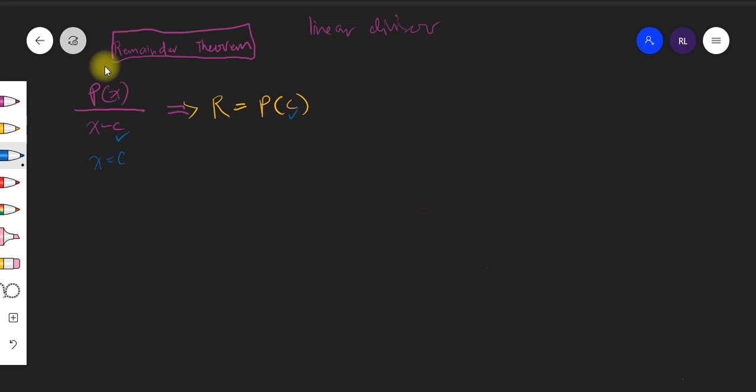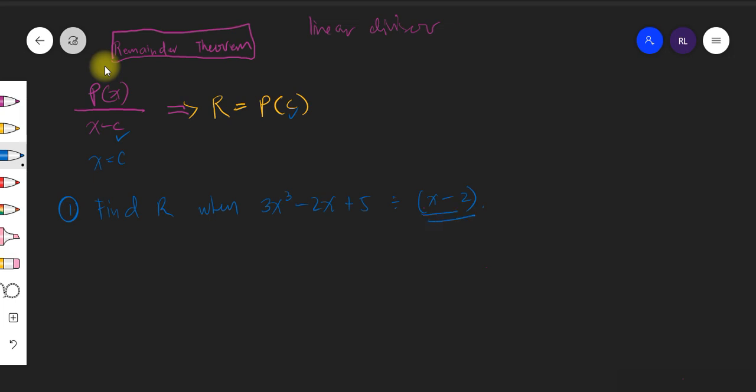Example number one. Find r when 3x cubed minus 2x plus 5 is divided by x minus 2. The first thing is, let's set the divisor to 0.